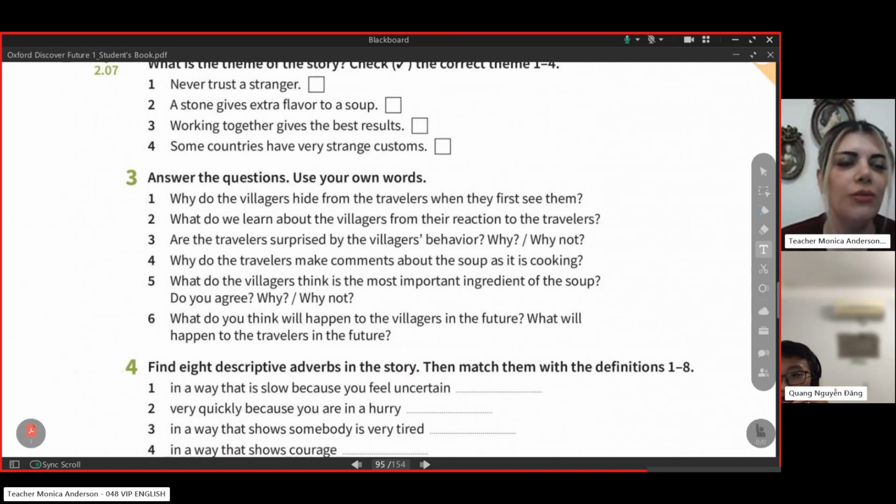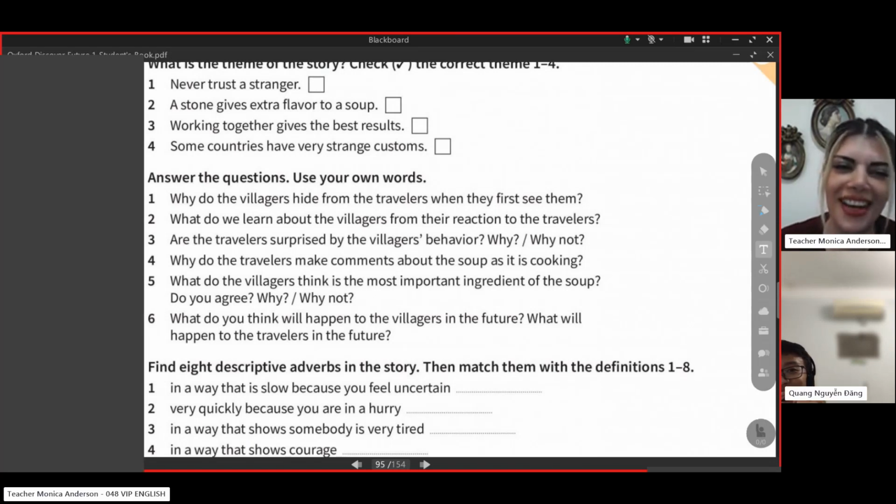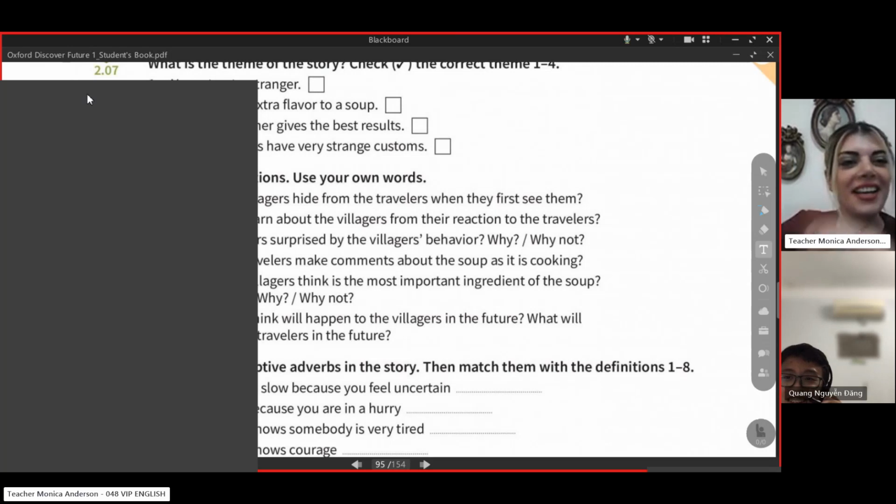I think the villagers in the future will celebrate a party with a stone. But I think after a while, they think about what they've done, and then they decide not to be really simple and trusting anymore, and they never help anyone again, I think. And it's not a good way, of course.